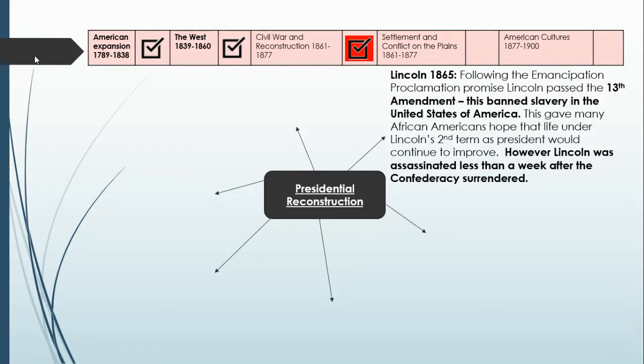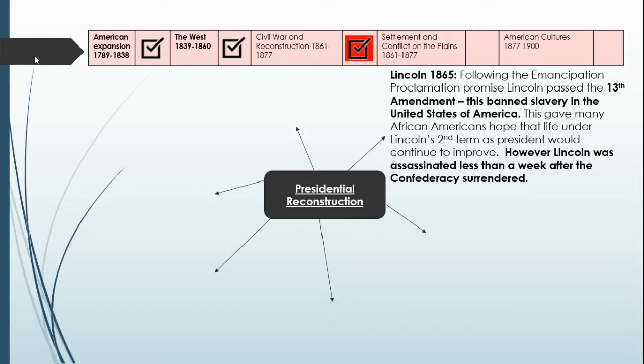Remember that original set of rules that the founding fathers had made which stated how America should run. So this is the 13th Amendment, the 13th change made to that original document, and this bans slavery in the United States of America. So this is probably the most significant change that we ever see to the Constitution in the United States.